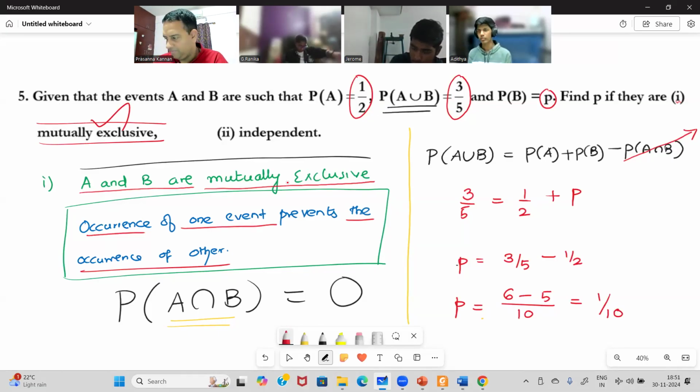Okay. So first part we have answered now. Second part you have learned it today. Find the P of B if A and B are independent.